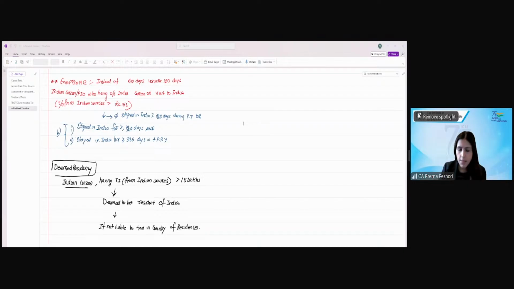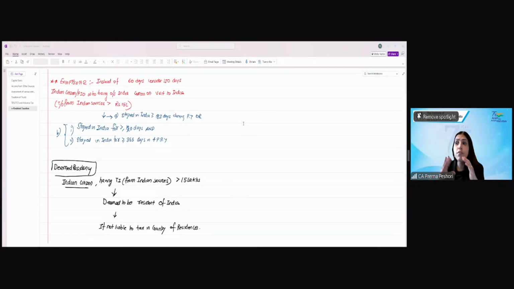Liable to tax means that a particular person in that particular country is not having the income tax liability. Right? So there is no income tax imposed on such person under the law of that country, or if that person has been exempted from the income tax under the law of that country.